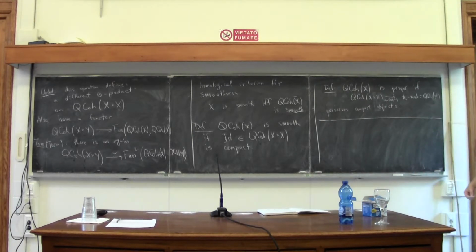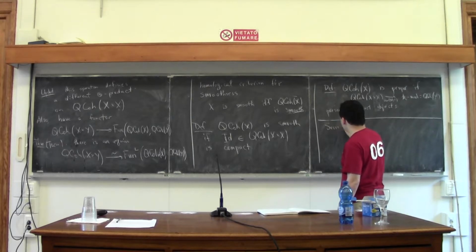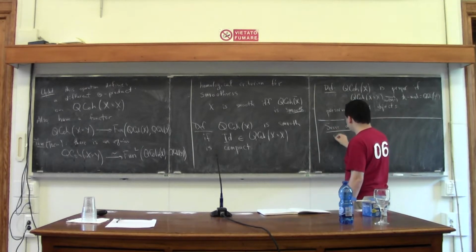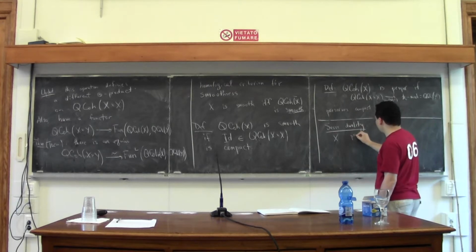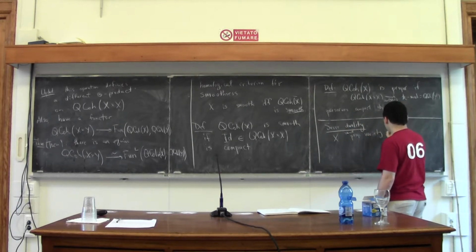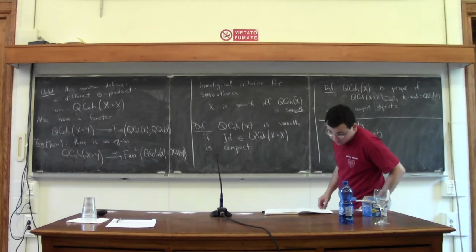The other notion that's very important in geometry is the notion of a Calabi-Yau. So I want to talk about what a Calabi-Yau structure is, or generally about Serre functors. So it starts with Serre duality. Well, if X is a projective variety, then Serre duality says some version of the classical statement.